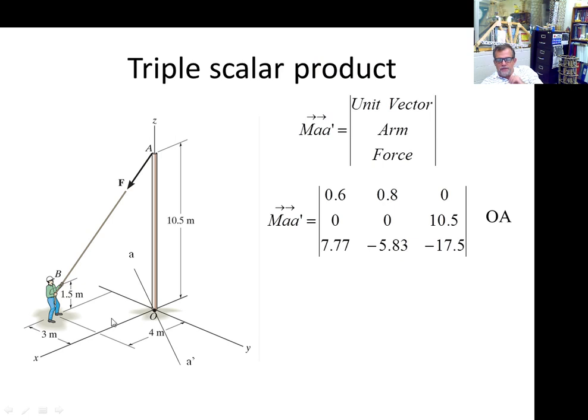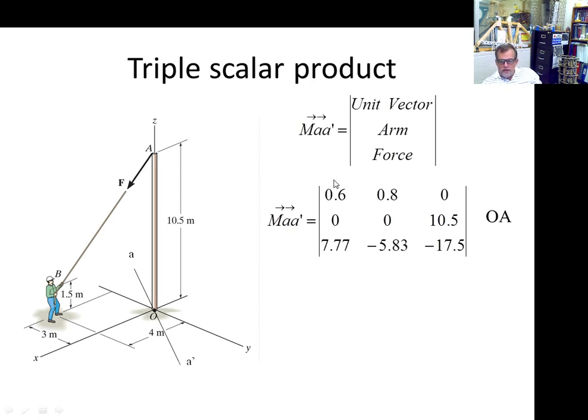Why is this? Because I need, first, the unit vector of the axis. Second, the arm from any point belonging to that axis, and any point in the line of action of the force. So the point O, for example, it's part of the axis. And the point A belongs to the line of action of the force.